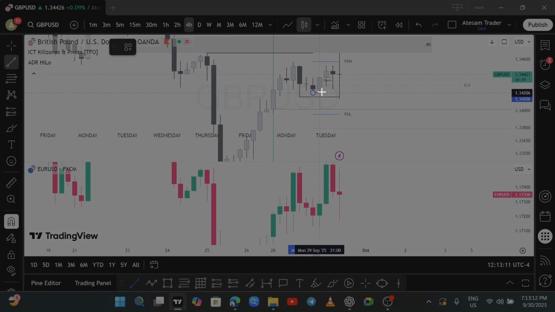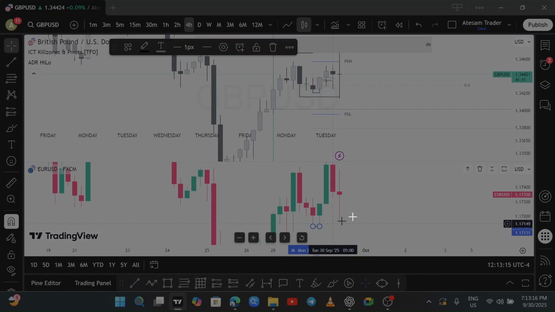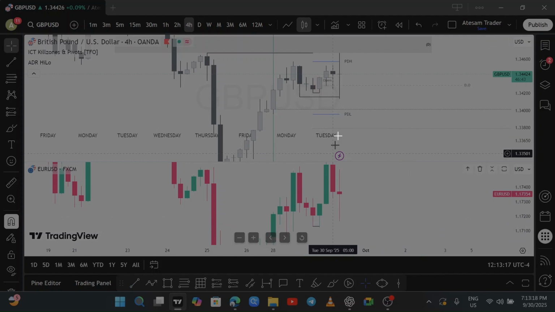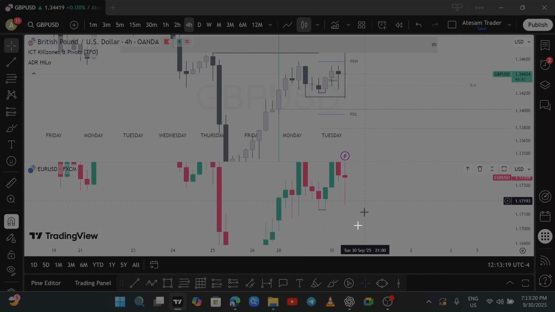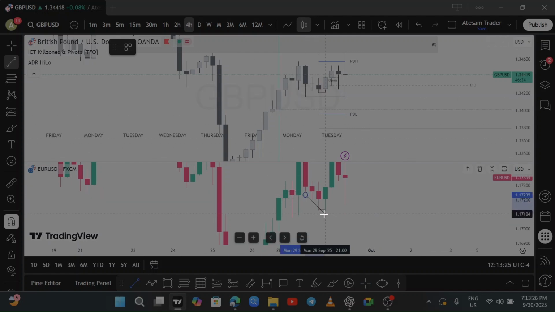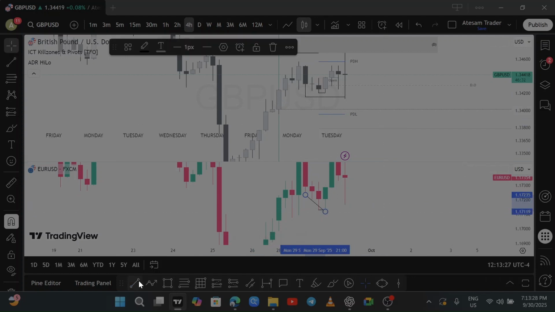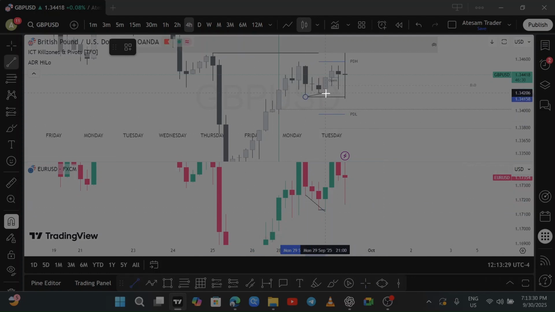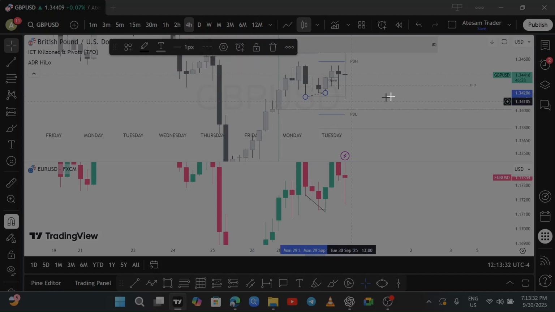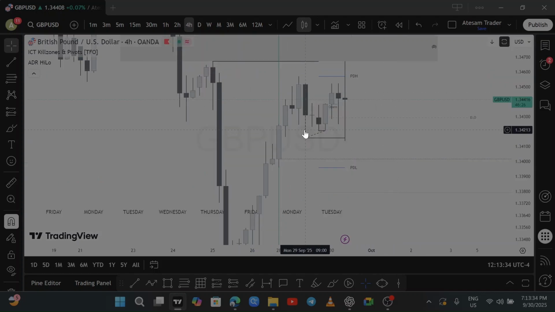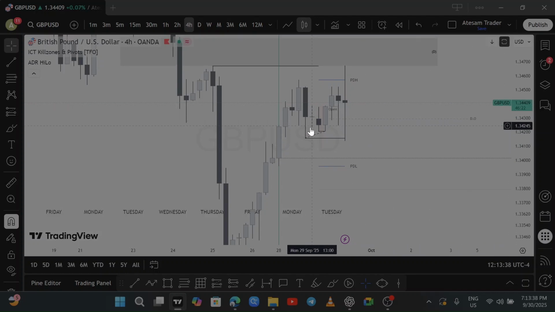If you see here we have SMT, also here we have SMT, because Euro took the low, GBP failed to take the low. Also, we have a bigger SMT. How? See this low. This low is already taken by Euro, but here price didn't take it, so we have SMT here also. So I forgot to check this one, and that's why I took this sell trade.